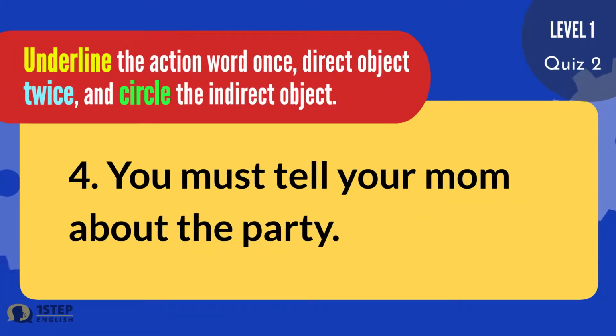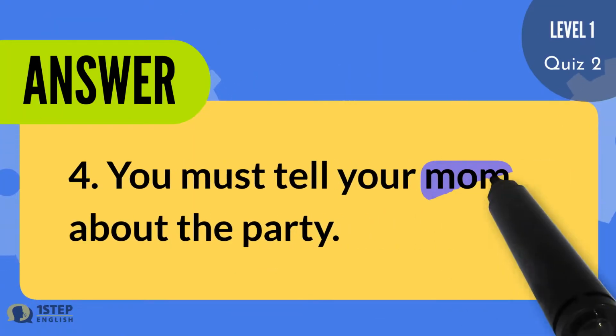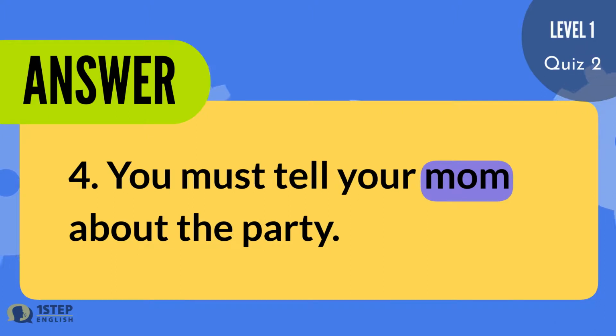Number 4. You must tell your mom about the party. Mom is the indirect object. Tell is the action word. Party is the direct object.